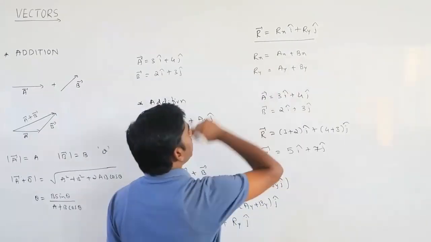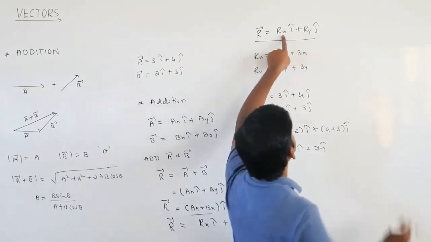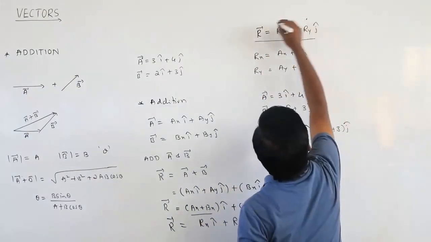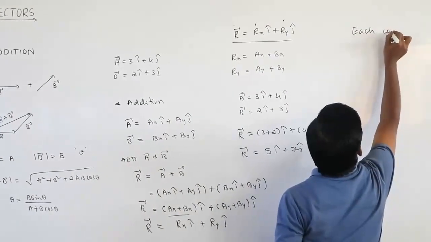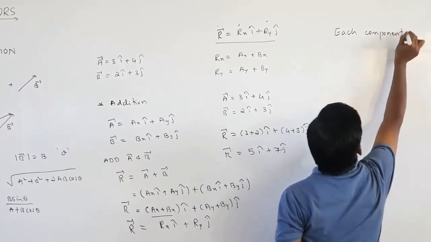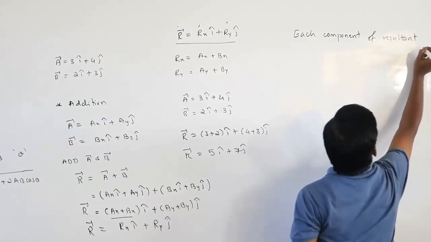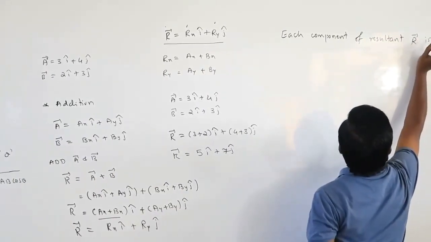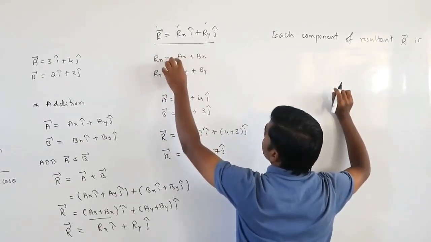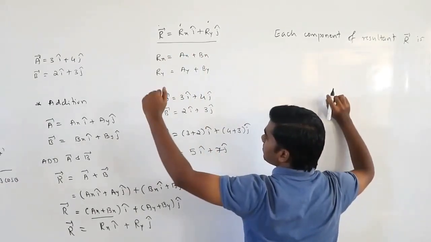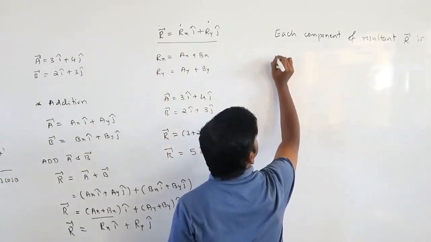Here I can write one statement: each component of resultant R is the sum of corresponding components of A and B. Corresponding components means i and i, j and j.